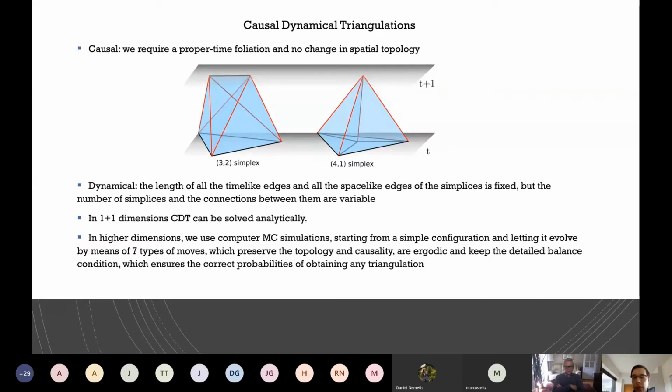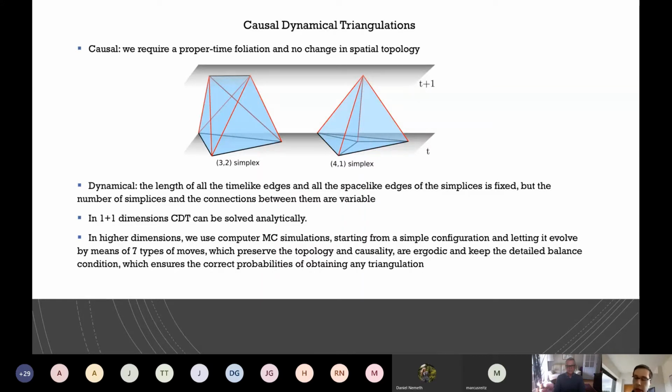And these are performed in such a way that we start from a very simple configuration with a topology of our choice, and then we let it evolve by means of randomly chosen moves of 7 types, which have the following properties. Firstly, they preserve the topology and the causality. Secondly, they are ergodic, which means that we can get from any configuration with a given topology to any other configuration with the same topology by a finite series of moves.